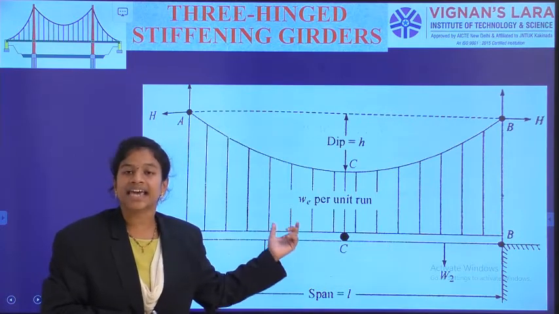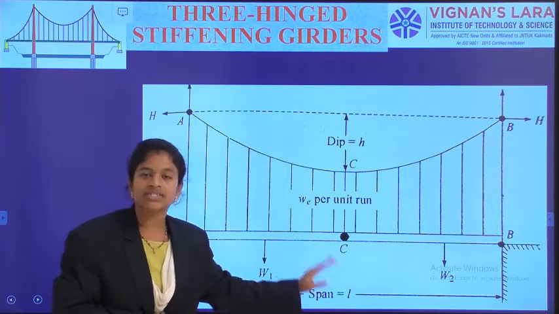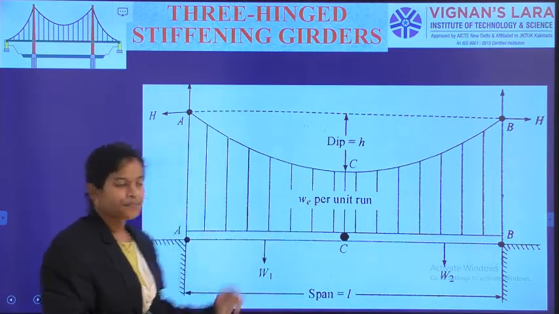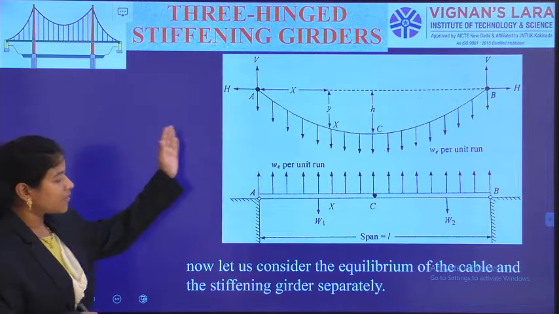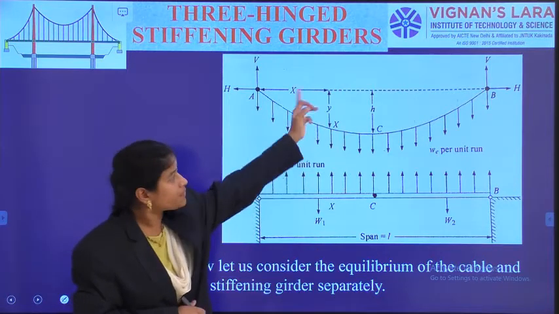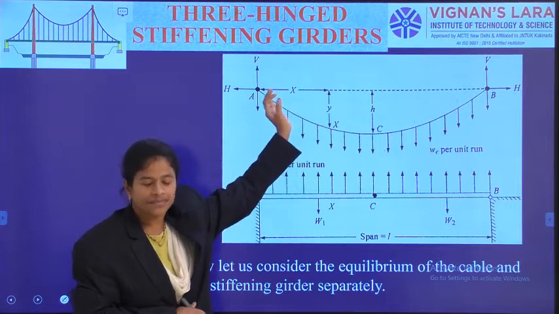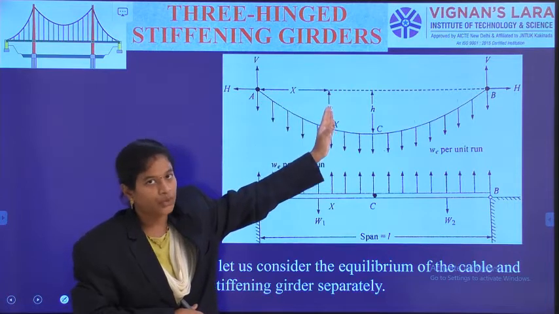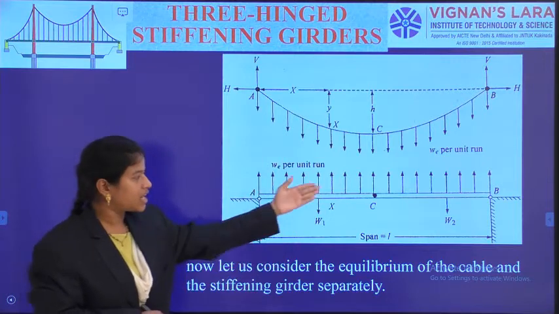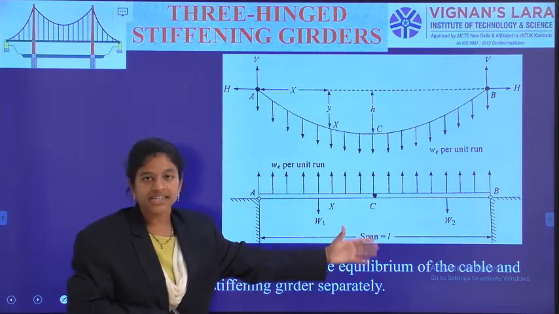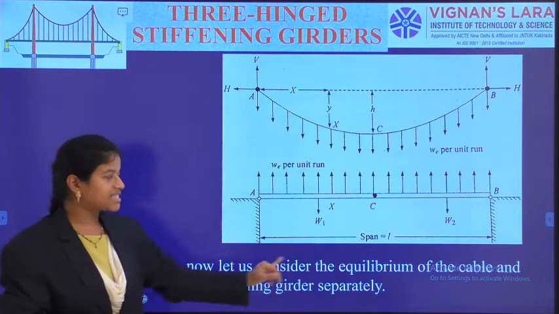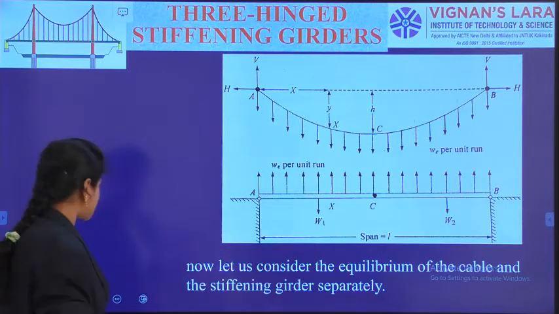This girder is experiencing external loads and also upward UDL. When I observe this individual equilibrium condition, the cable has only the UDL in the downward direction, but the girder has downward external loading and also upward UDL. So this is the individual equilibrium of the structure.